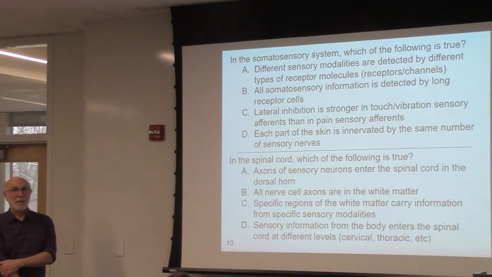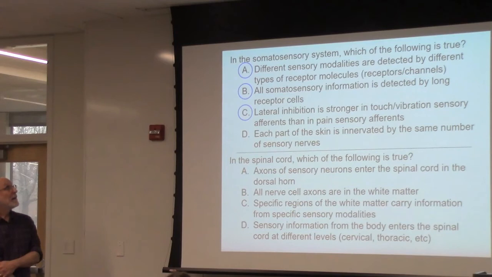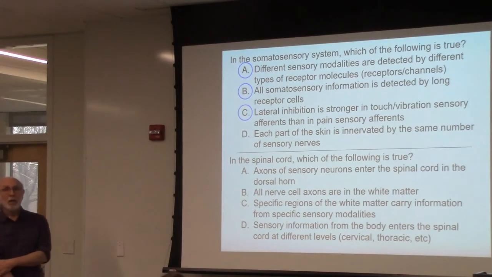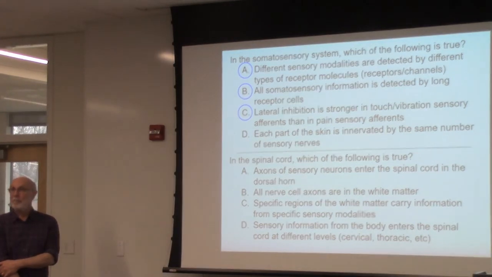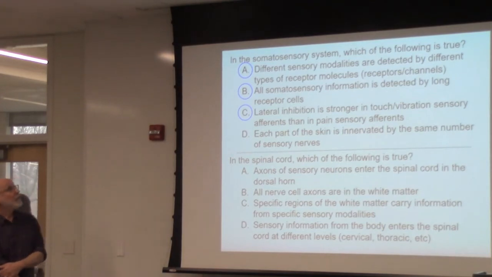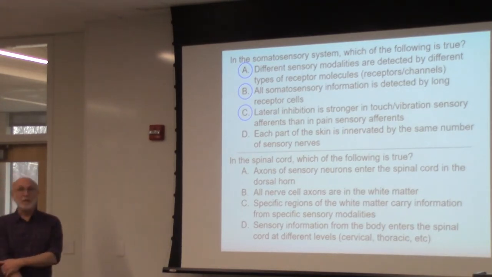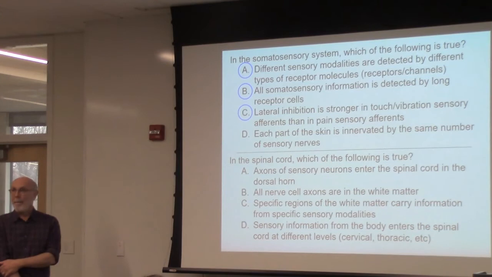So which of these are true? Most of you are getting some of it right. So you all got A. That's true. They're all long receptor cells. All of these cells, the afferent has an axon. So in the somatosensory system, all of the primary afferents are long receptor cells. Right?